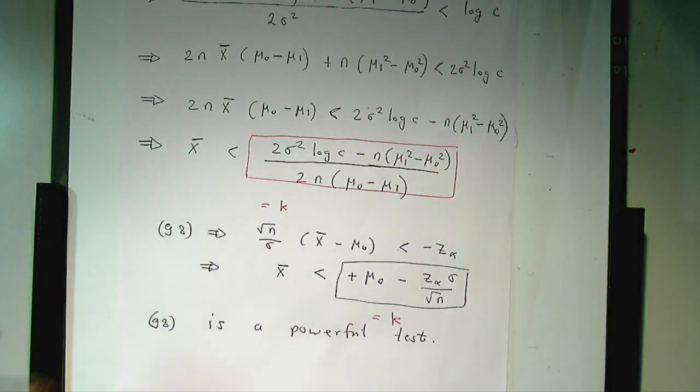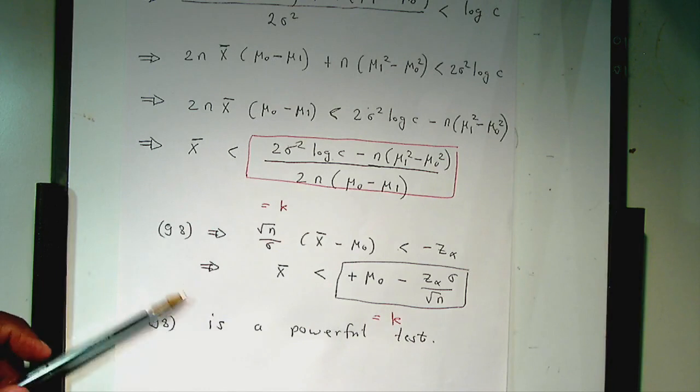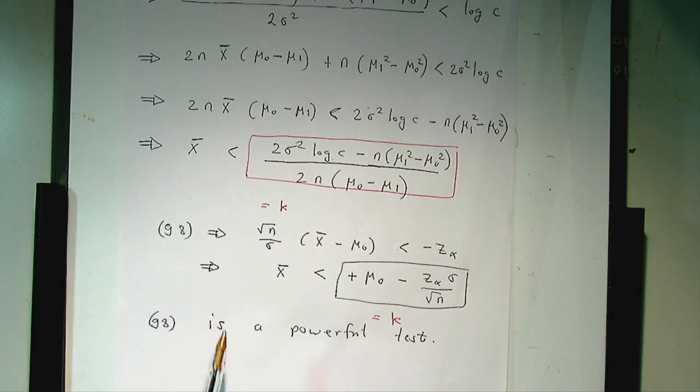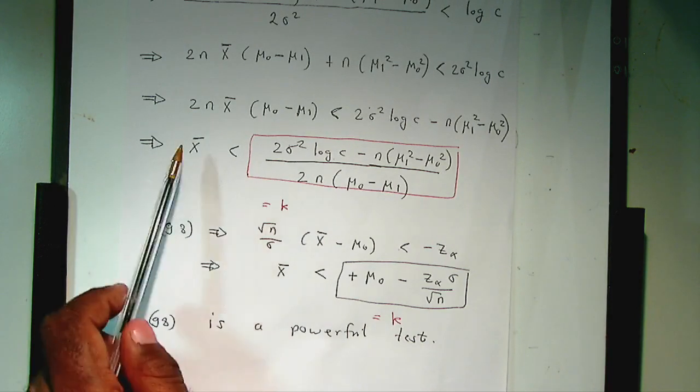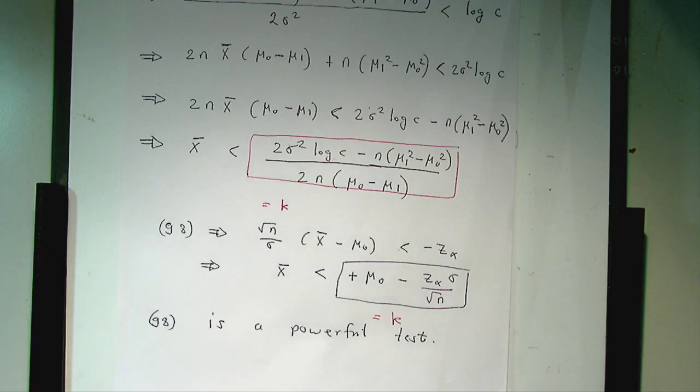And see if this rejection rule matches up with the rejection rules in the lecture notes, which it does in this case, right? Because according to the lecture notes, the rejection rule in equation 98 is of the same form as x bar less than a constant k, right? Therefore, the test given by equation 98 is the most powerful test.